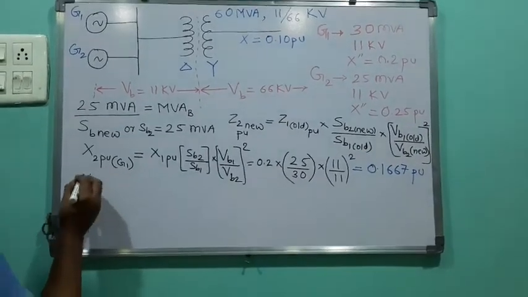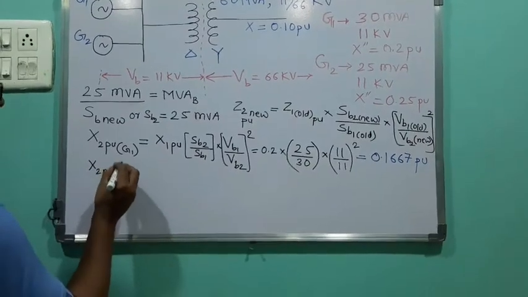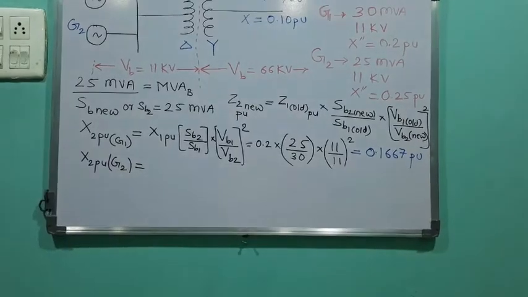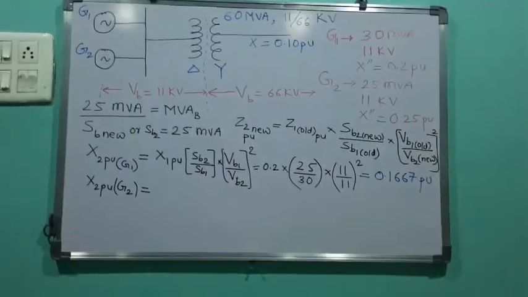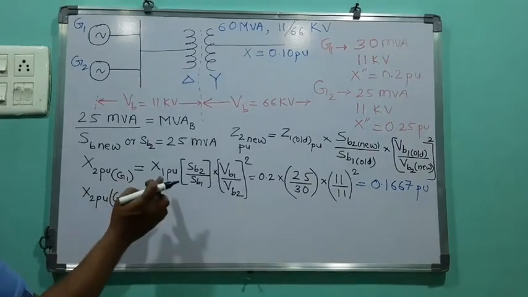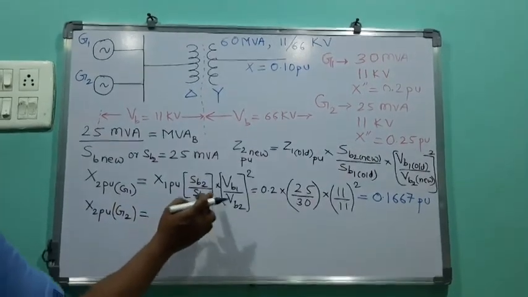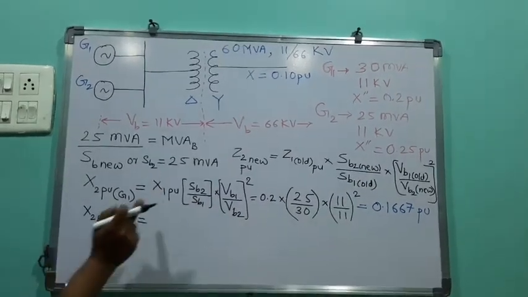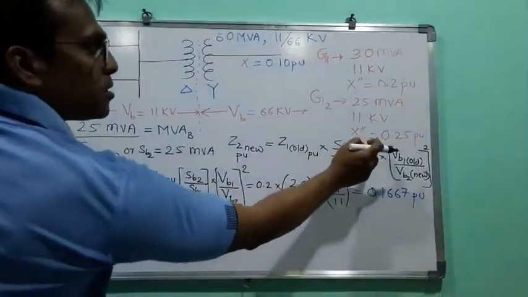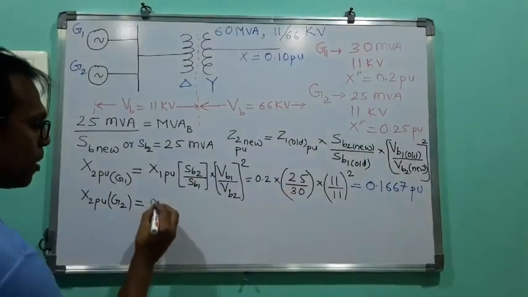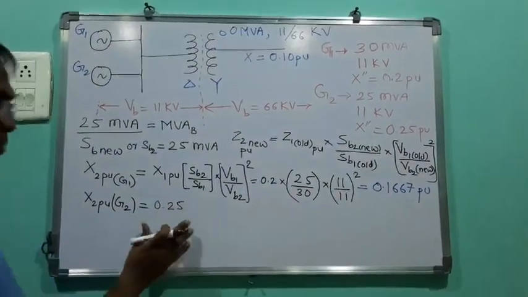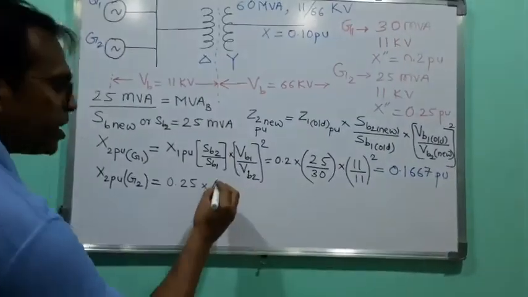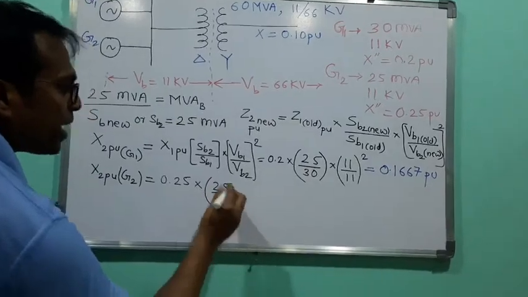So X2 per unit for generator 2, again the formula is the same. What is the formula for that? Again X1 per unit, SB2 divided by SB1 into VB1 divided by VB2 whole square. So now for generator 2, X1 is 0.25 per unit, multiplied by, SB2 is the same, that is 25, divided by SB1.